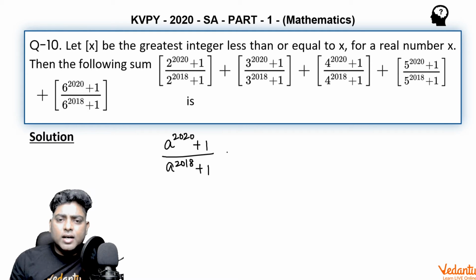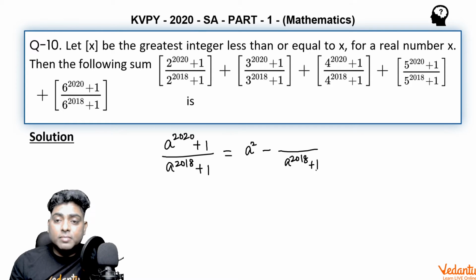If I divide numerator by denominator, a squared will be left out and I can write it as a squared minus something. The denominator is a raised to the power 2018 plus 1, so if it is multiplied, then a raised to the power 2020 will come, plus a squared will come. So I'm going to write minus a squared, and minus minus plus 1. Are they the same? Yes.